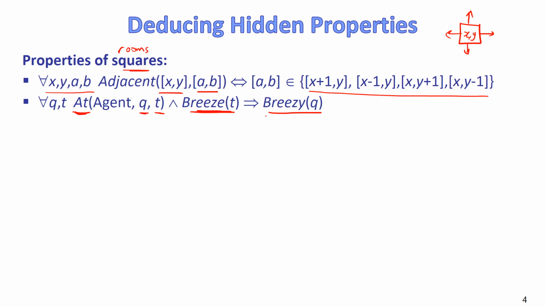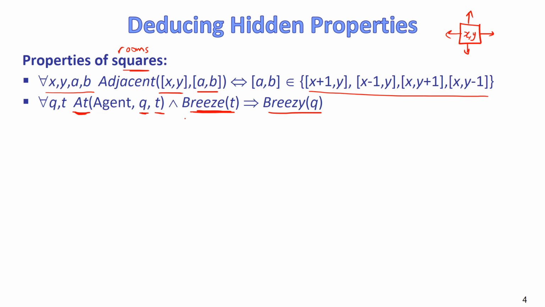So breeze is a predicate that takes time t and indicates whether we sensed breeze or not, but it has nothing to do with a location, with a room. So this rule tries to connect what we sense with where we are now. Again, it might be trivial to us, but we have to explicitly mention that in the knowledge base so that we can use that rule in inference.